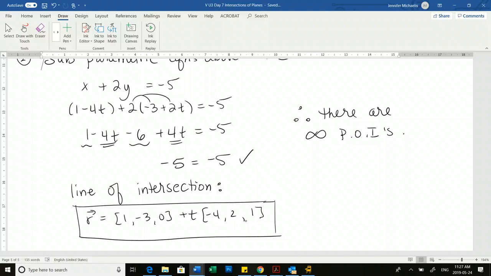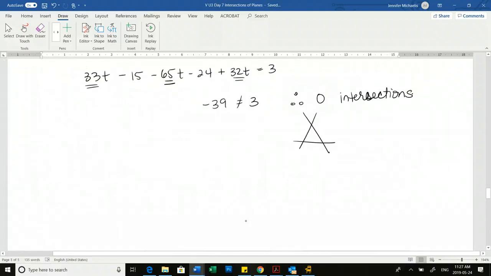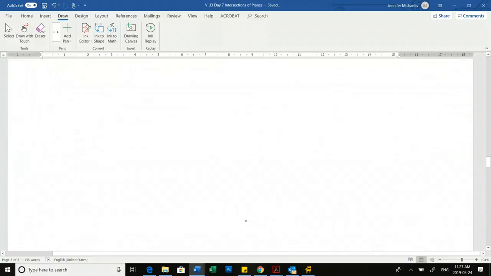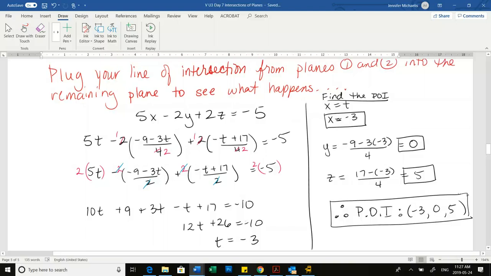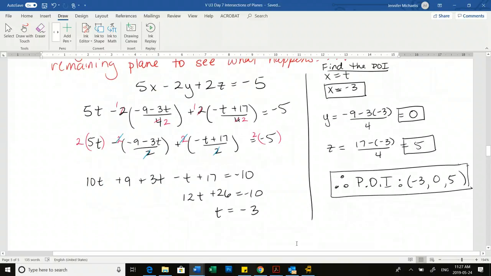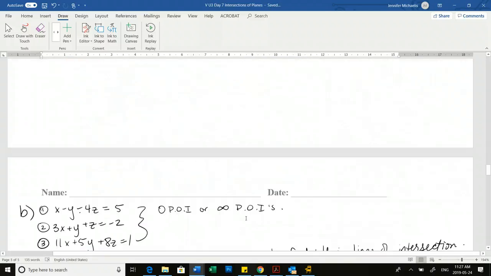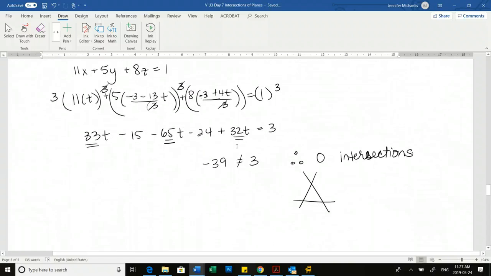I can get an untrue statement like 10 equals 0, that tells me 0. Or if I can actually solve for a parameter, like when we solve for t equals -3, that gives me the t that tells me the point of intersection. So when you have infinite or 0 points of intersection, your t's always end up canceling out.